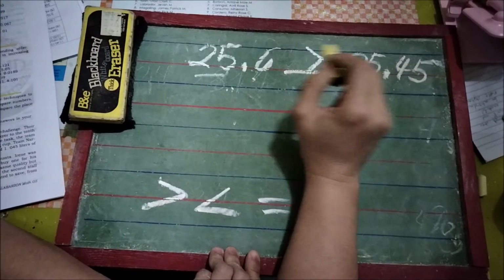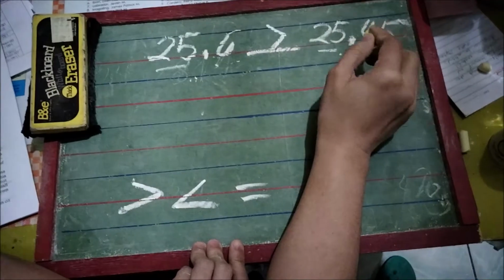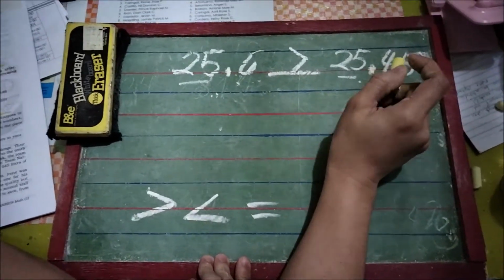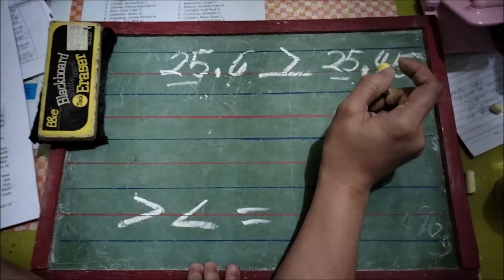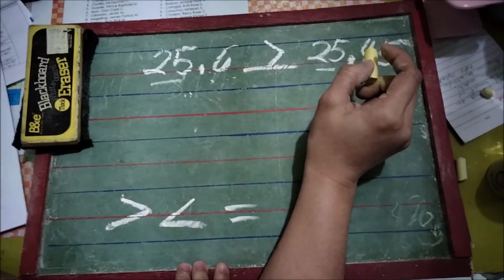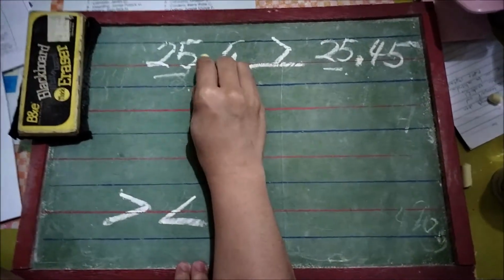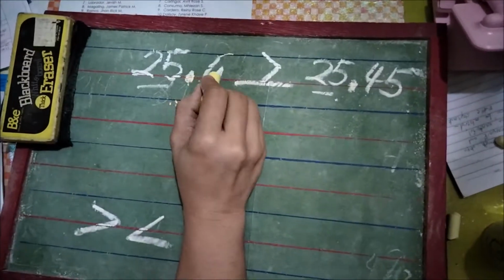Why do you think 25 and 6/10 is bigger when compared to 25 and 45 hundredths? The strategy is you're just going to compare it individually. When you say individually, the number nearest to the decimal point, if that is bigger, of course that is bigger.